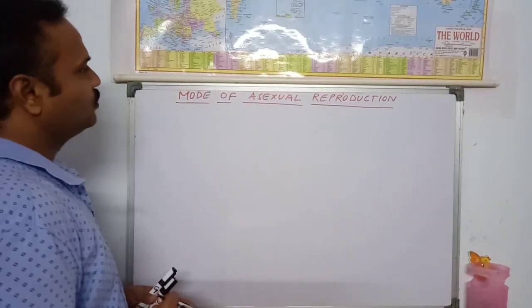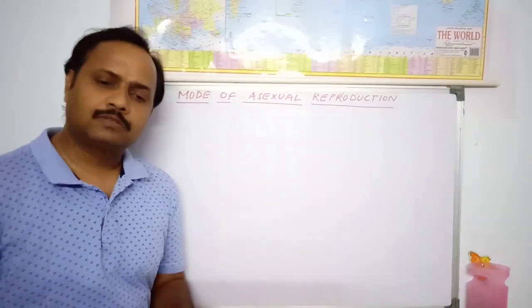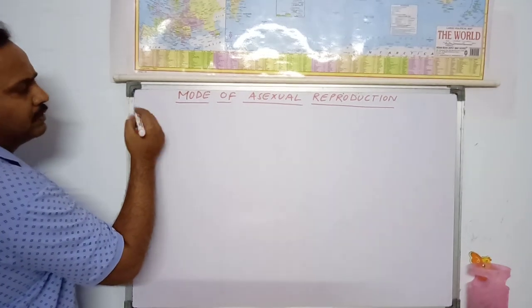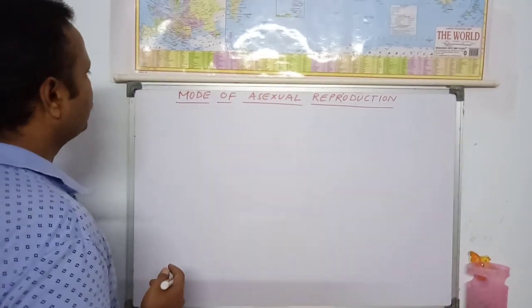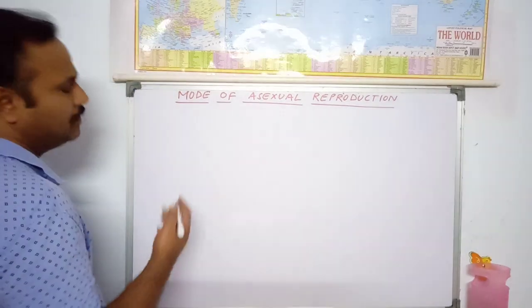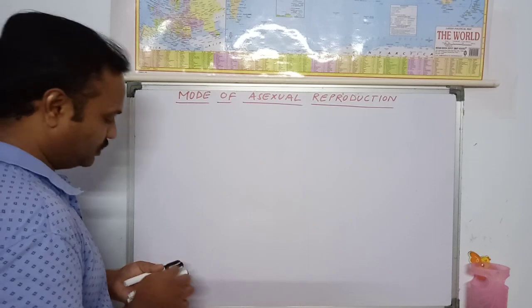There are various modes of asexual reproduction. Let us discuss one by one. Before discussing, have a look at these modes.